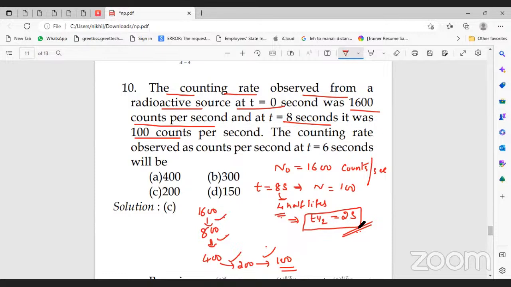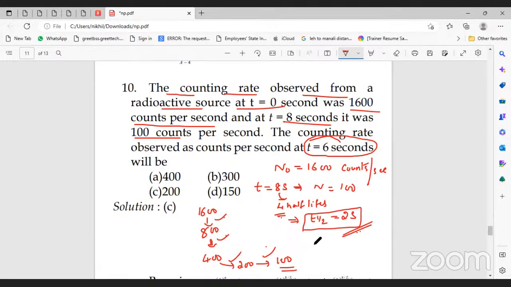But what are they expecting? They are expecting the count for 6 seconds. So for 2 seconds, the count will become half.